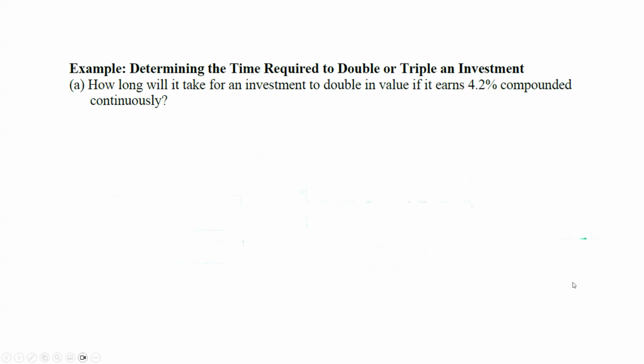Now, how long will it take for an investment to double in value if it earns 4.2% compounded continuously? We are now doing continuous compounding instead of annual compounding. We know our interest rate is 4.2%, so we have our decimal, 0.042.